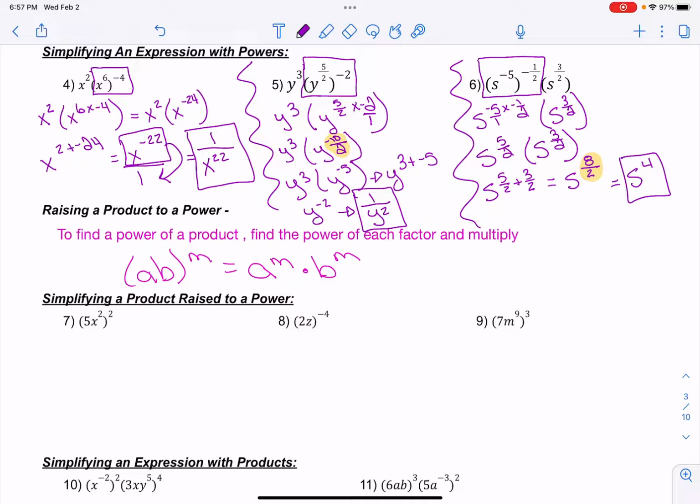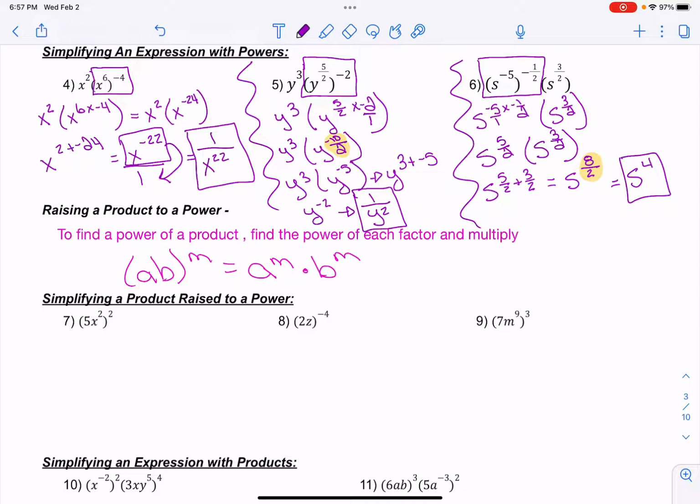So kind of a general setup, if you have a times b raised to the m power, you have to distribute that exponent to each piece inside the parentheses. So you have a to the m power times b to the m power. So that exponent has to be distributed to everything on the inside. Kind of think of it like our regular distribution concept, except now it's an exponent instead of a number out front.